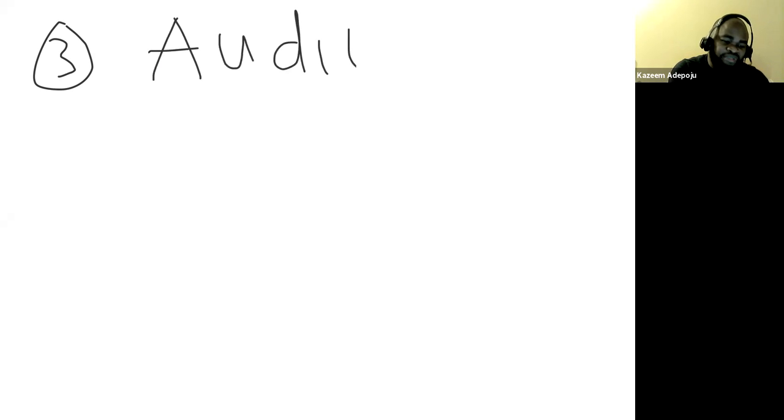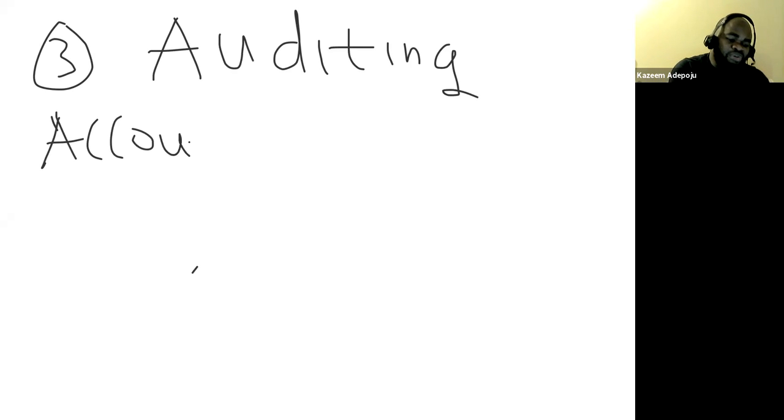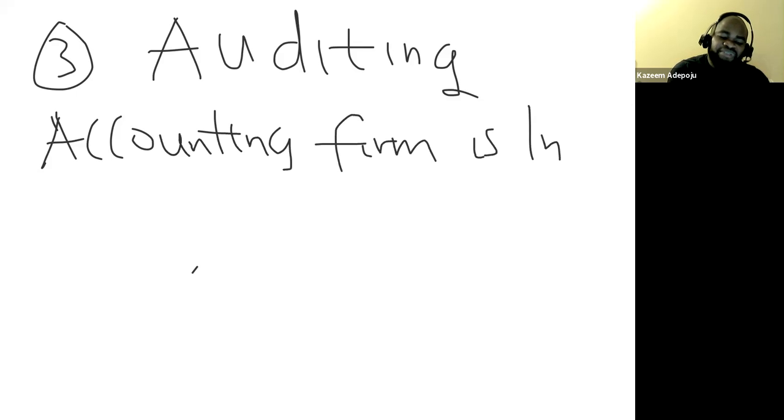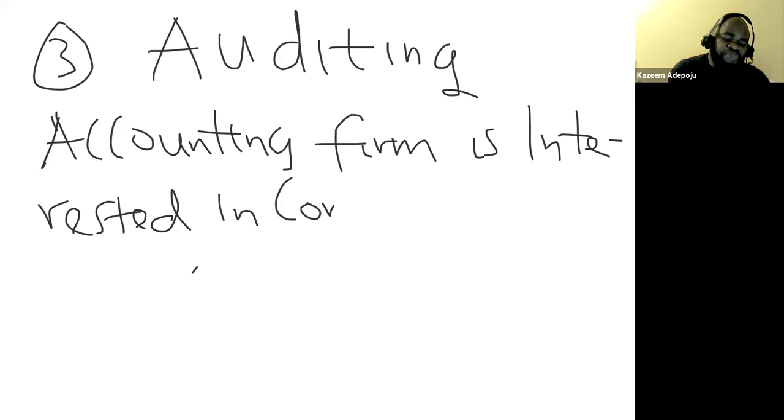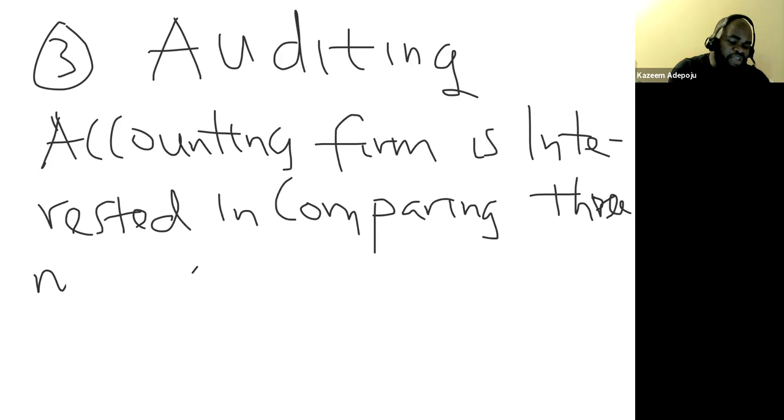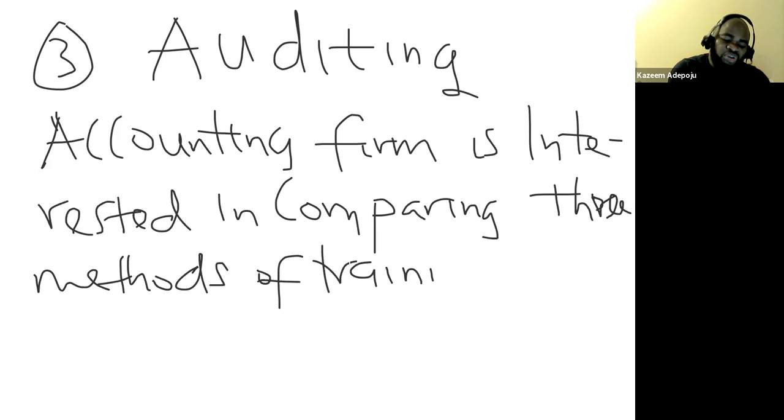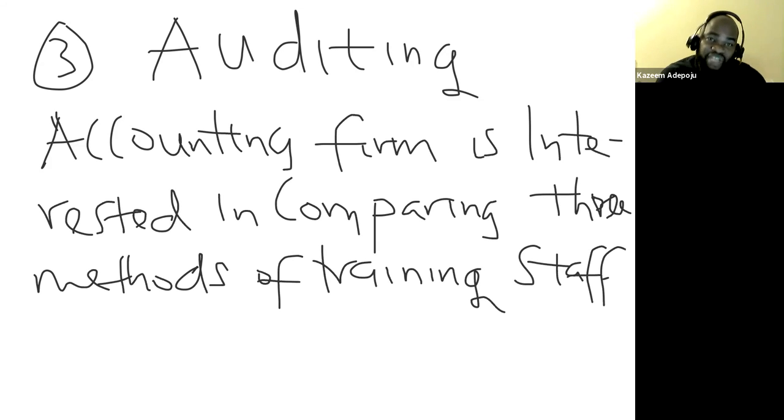Auditing. Now, if an accounting firm is interested in comparing three methods of training their staff, they want to consider three methods of training their staff.